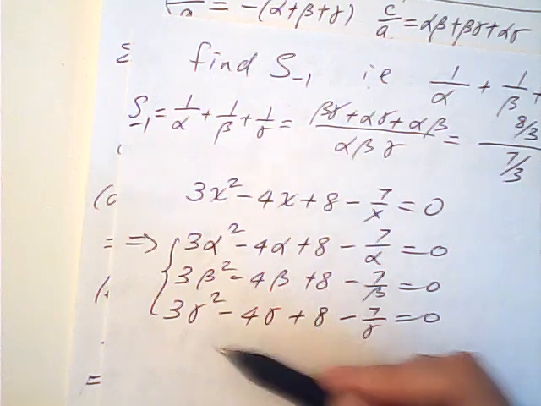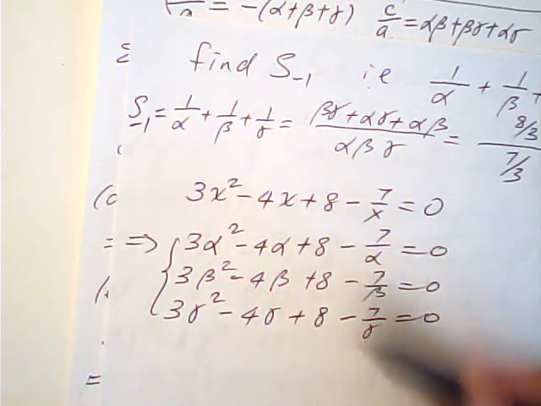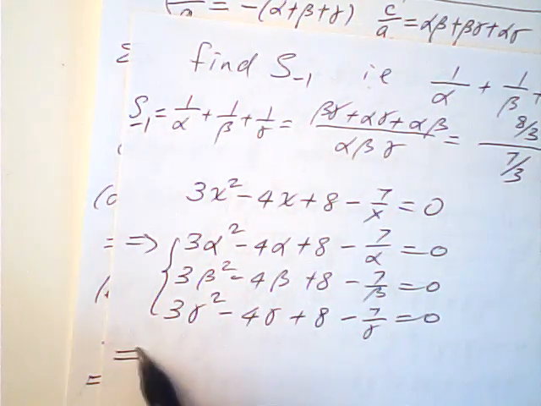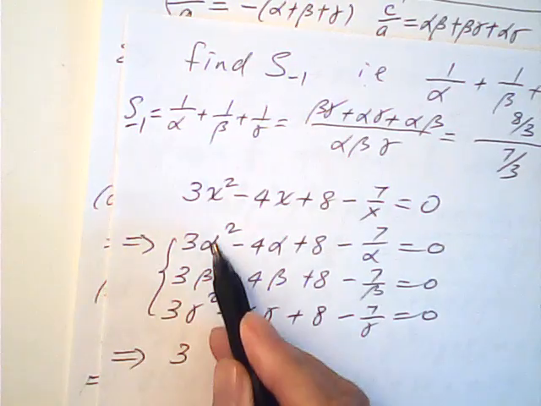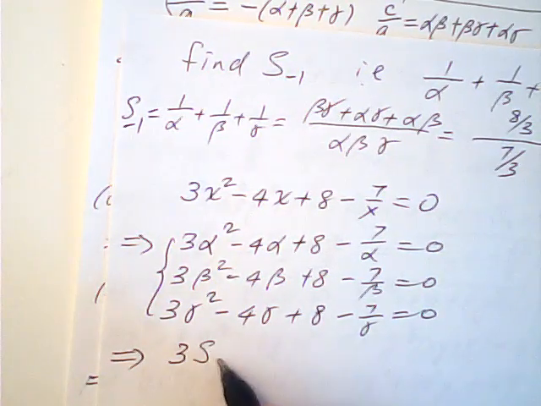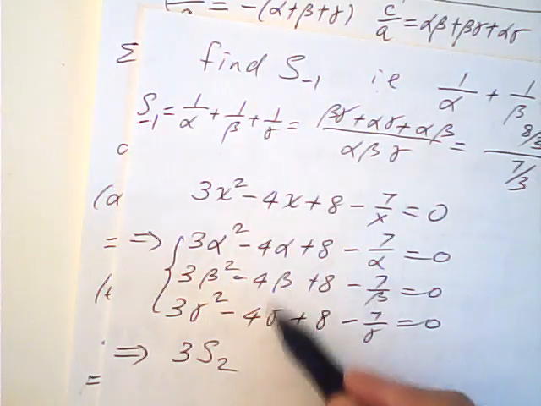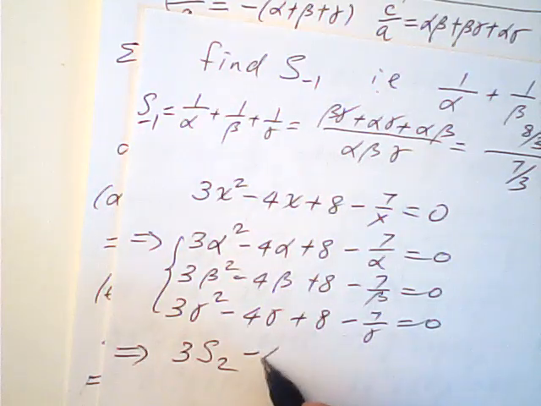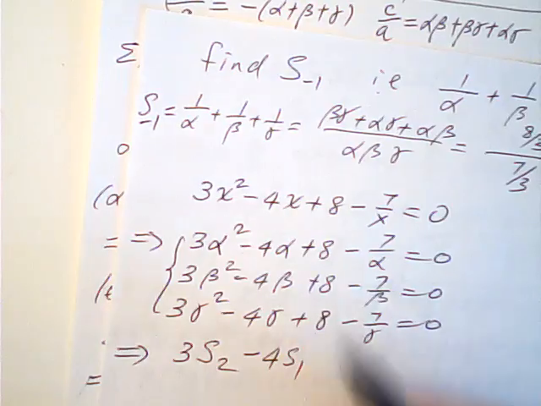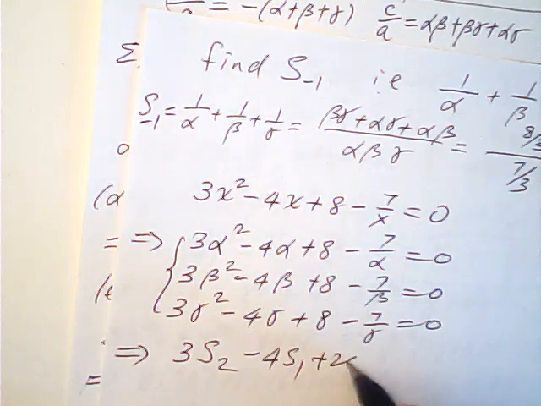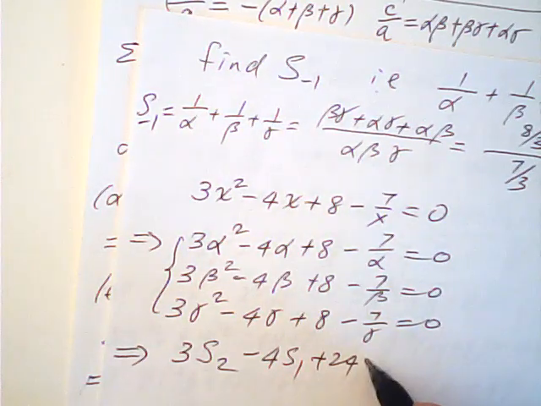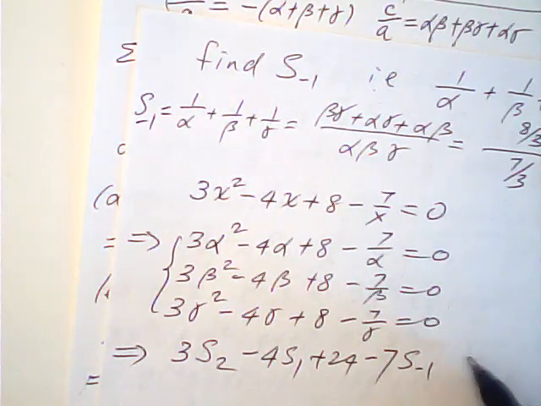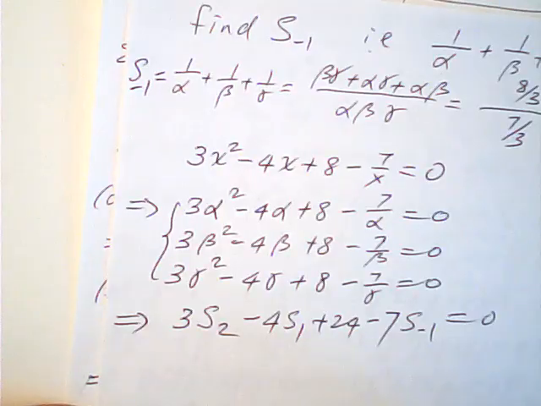So when you add up the left-hand sides, we have 3 times S2, minus 4 times S1, plus 24, minus 7 times S negative 1 equal to 0.